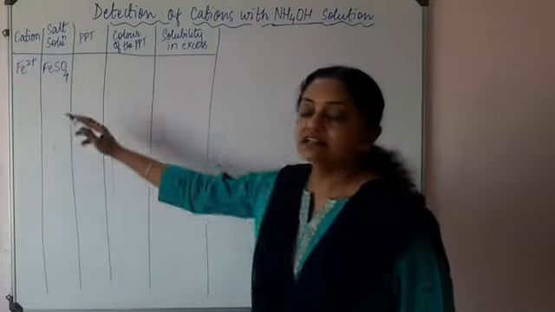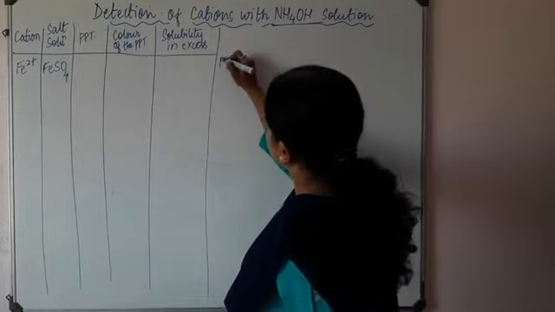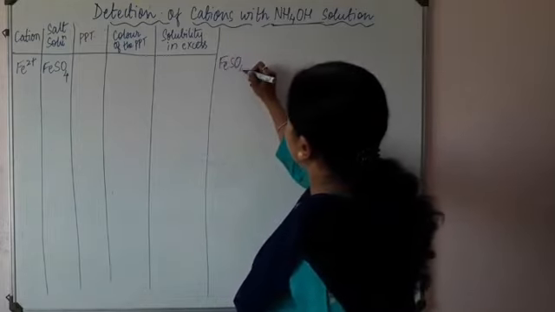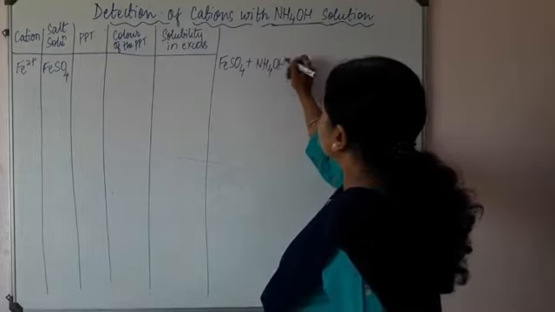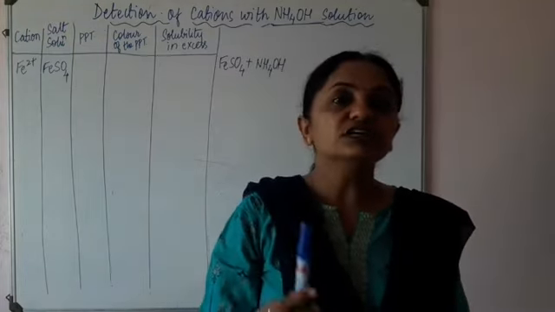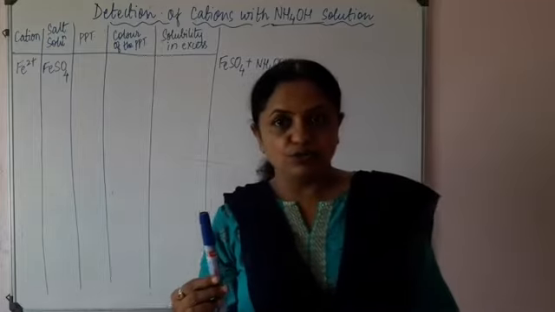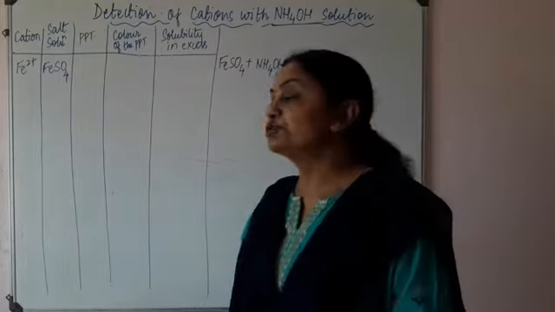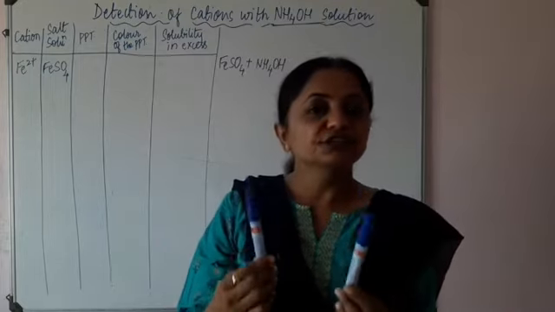Now when you are taking this ferrous sulfate and adding a little NH4OH. In the beginning I told you we will be taking two test tubes. You make a ferrous sulfate salt solution and then divide the solution into two test tubes.